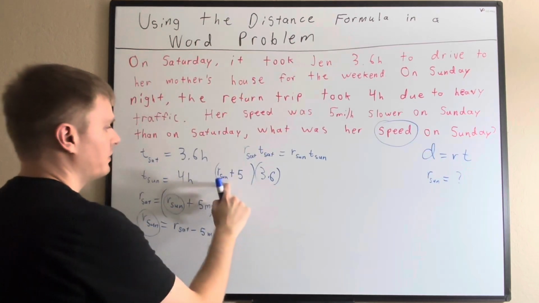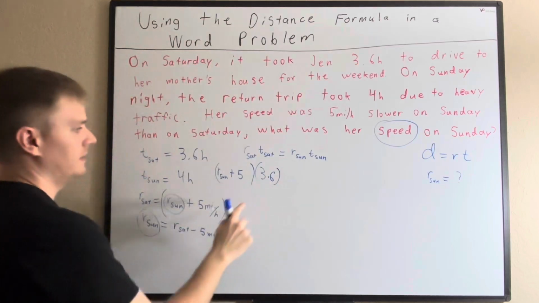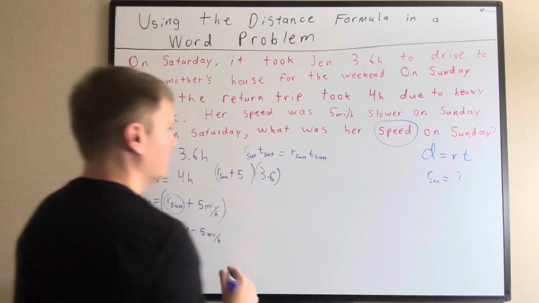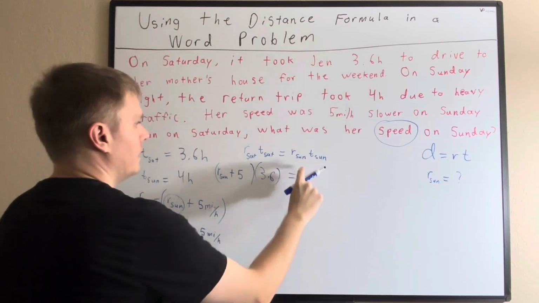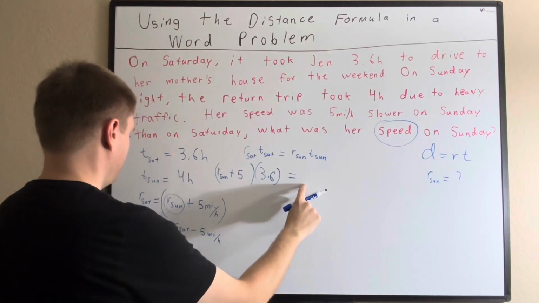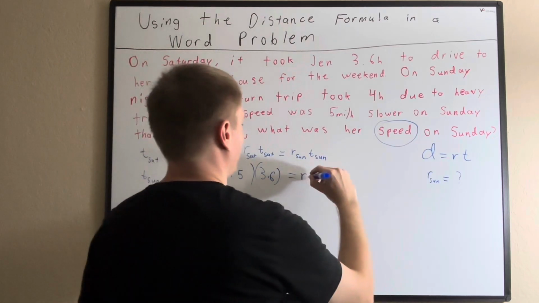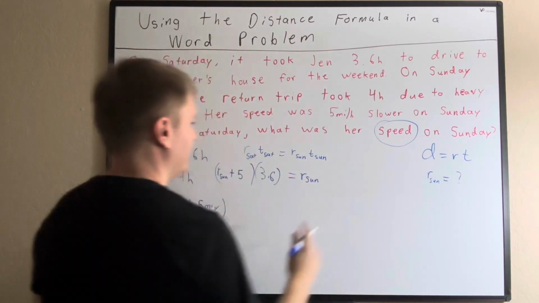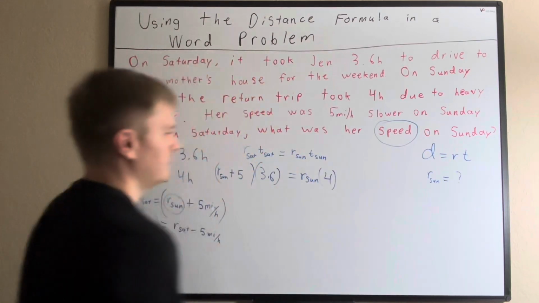It's got to be 3.6 times the rate on Sunday plus 5 times 3.6. Distributive property matters. Parentheses matter. Now, the rate on Sunday, we don't know what that is. That's what we're solving for. So we don't need to substitute. Time on Sunday is 4 hours. That was easy.